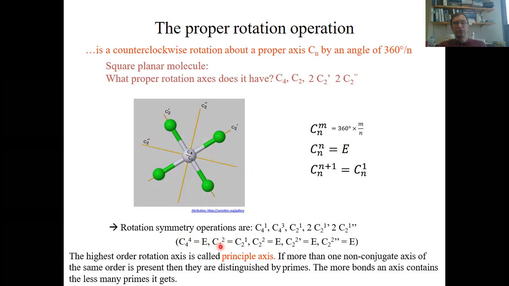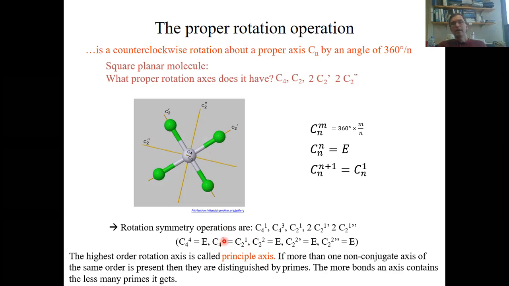The C4^2 is actually the same as the C2^1, which is associated with the C2 symmetry element here. Rotating 2 times around the C4 axis is the same as rotating only 1 time around this C2 axis, and therefore the C4^2 is already expressed by the simpler symmetry operation of the C2^1. Therefore, we do not count the C4^2.